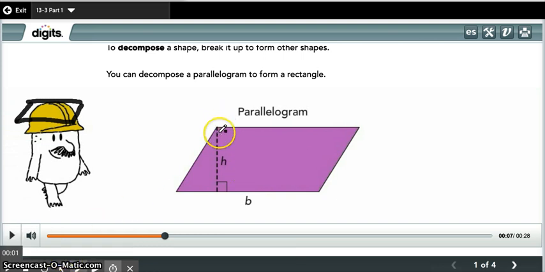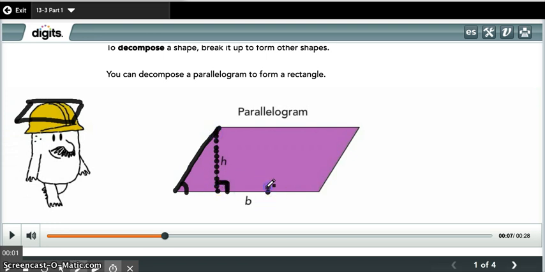Your height, the line or the measurement for your height, must form a 90-degree angle with the base. So we can't use this line as our height because this is not a 90-degree angle. We need there to be a 90-degree angle between the height and the base. And so with that being known, we can only use this dotted line as our height because it's the only line that has a 90-degree angle with the base.